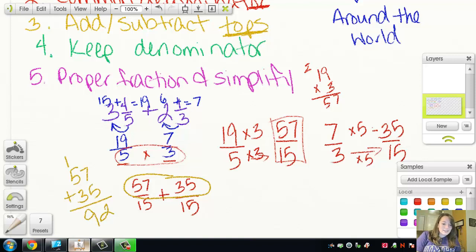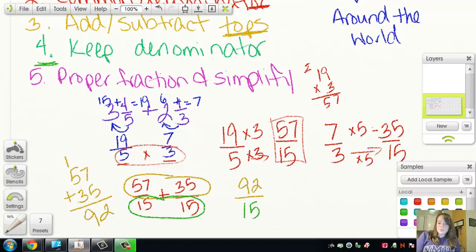So I have 92 over 15. That's just adding the tops. So I have 92. The next step is for me to keep the denominator the same. Step 4. Because we don't change the denominator.